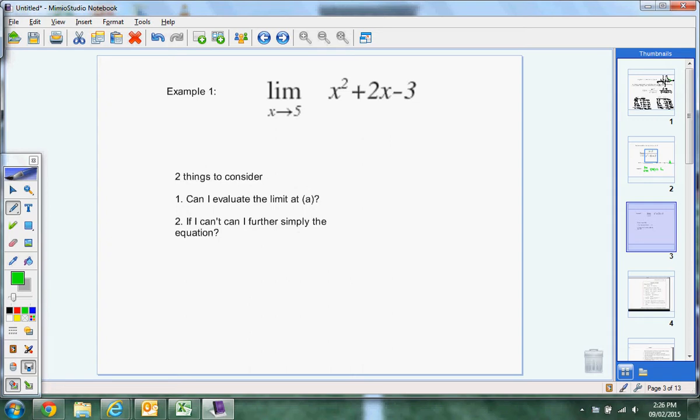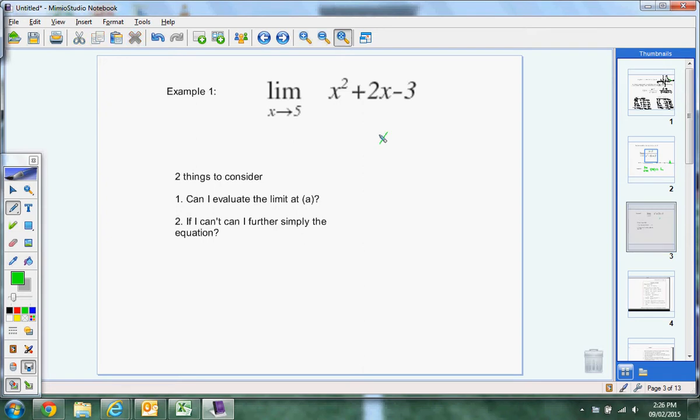So example 1. Limit as x approaches 5 of x squared plus 2x minus 3. Okay? Two things to consider. Can I evaluate the limit at a? So can I plug in 5, is there any issue? Do I have any fractions? Do I have square roots? Right now, I can simply put 5 in. Does that make sense?